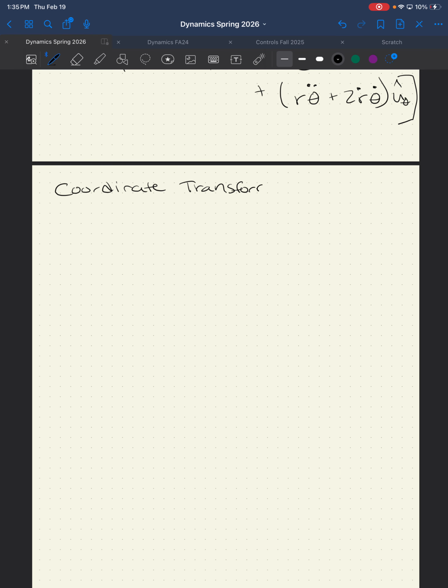Okay, this should be 4, 1 minus cos theta. Whoops, sorry, I put my negative on the wrong spot. This is minus 1. So this is 4 minus 2 times the derivative of cosine, which should be negative sine, but we already have a negative here.